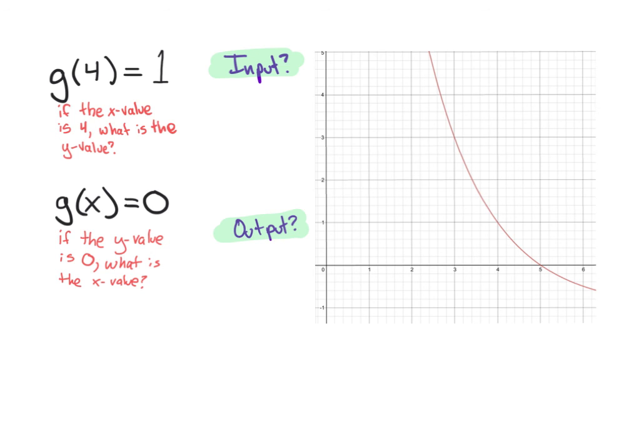To answer that question, I find where the y value is 0. So here's 0 on my y-axis, and then I go left or right until I bump into the graph. In this case, I move to the right, and I bump into the graph at 5. This tells me that if the y value is 0, the x value equals 5.